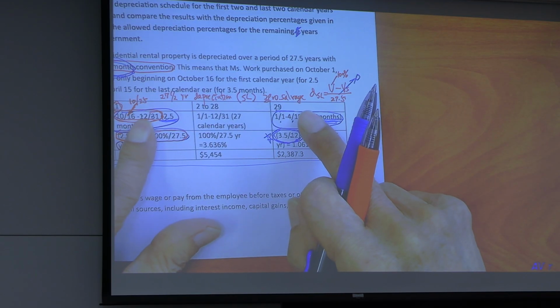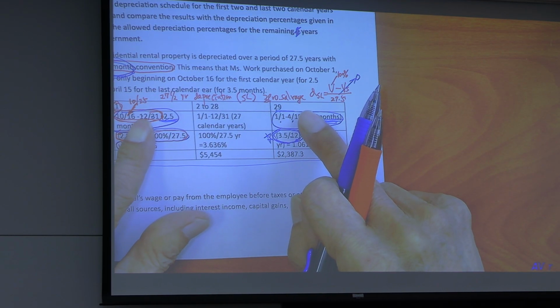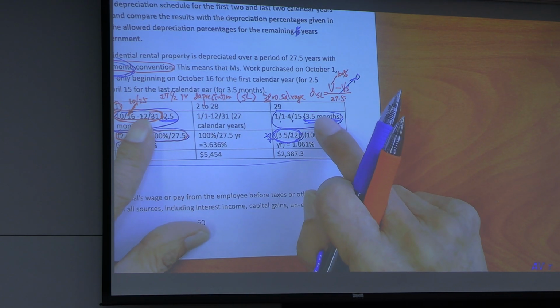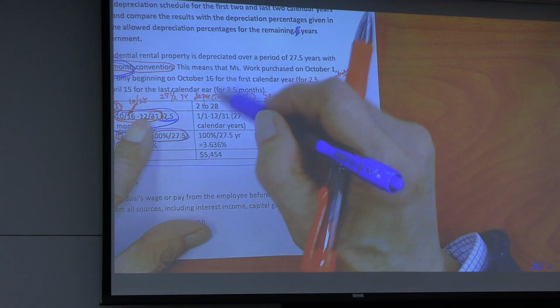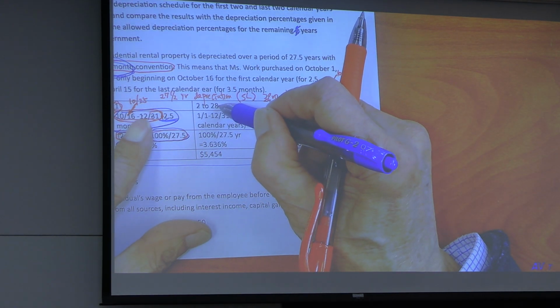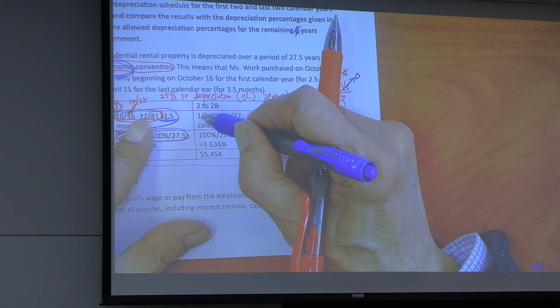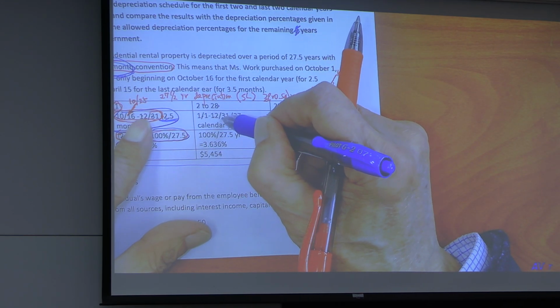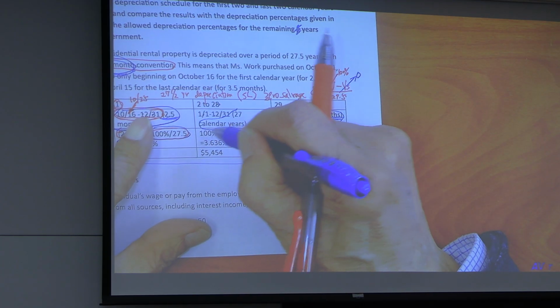Sum of year 1 and 29 represent a whole year, half year depreciation. How about in the middle? 2 to 28, January 1st, December 31st, that's 27 calendar years.